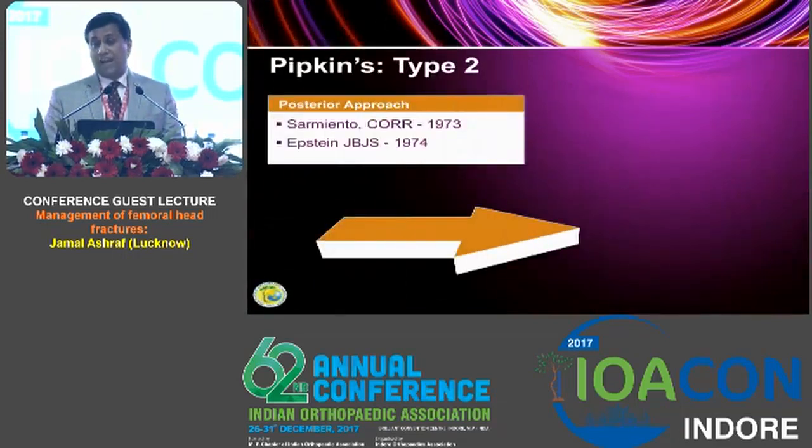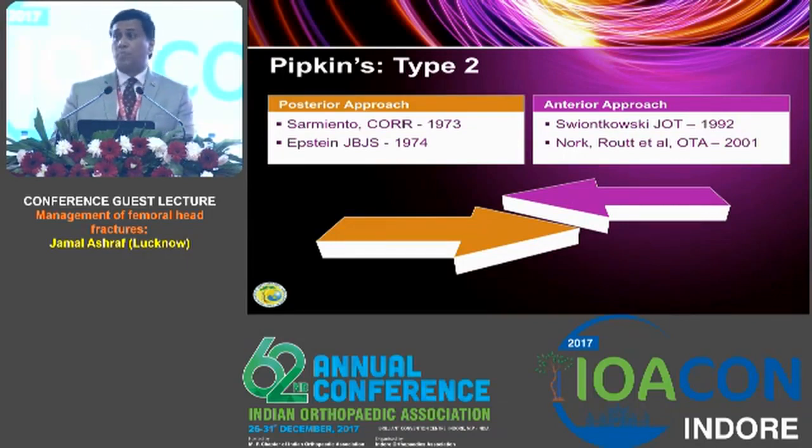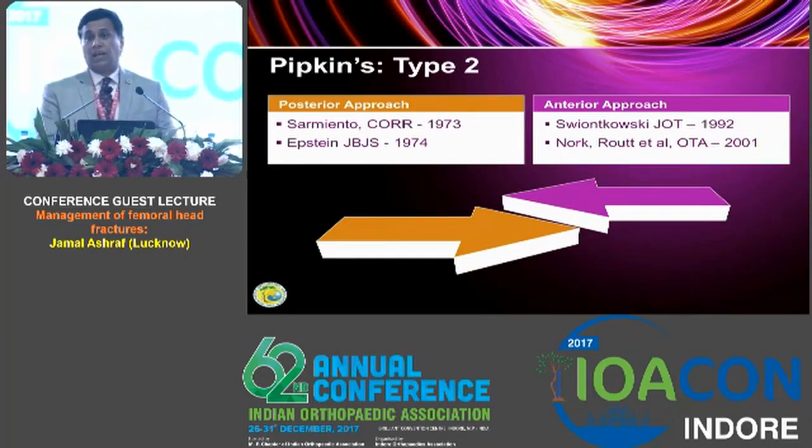Now, type 2 fractures can be approached either by a posterior approach or an anterior approach. Most surgeons tend to use an approach that they have been trained with, are doing on a regular basis, and are comfortable with. But certain points should be kept in mind. The incidence of AVN following surgery is found to be higher with a posterior approach.